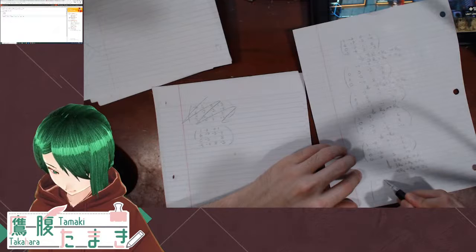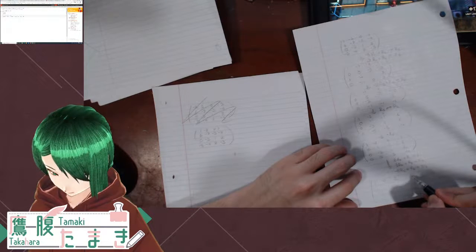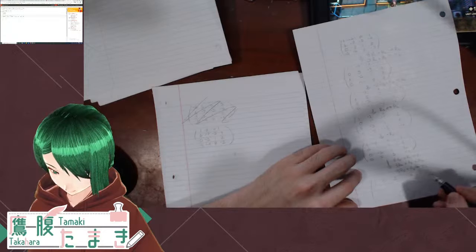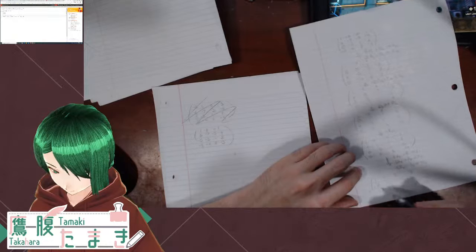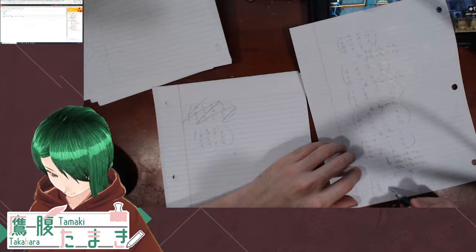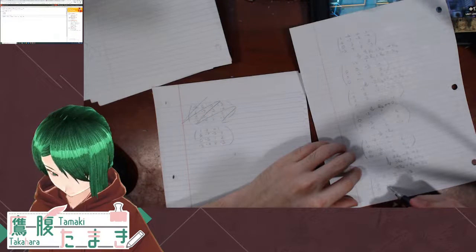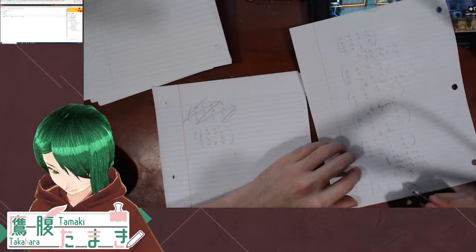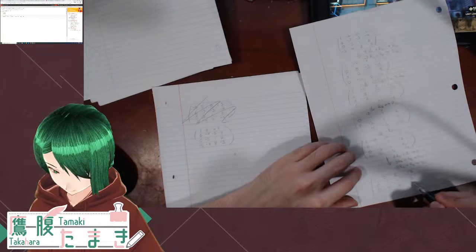So that's going to be 2, and 12 and 1, that's going to be 13. Then 0, 1, 1, 6. Then 0, 3 and 1, that's going to be a 4, and 18 and 2, that's going to be 20.